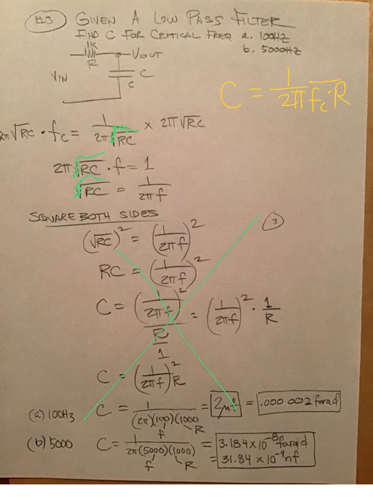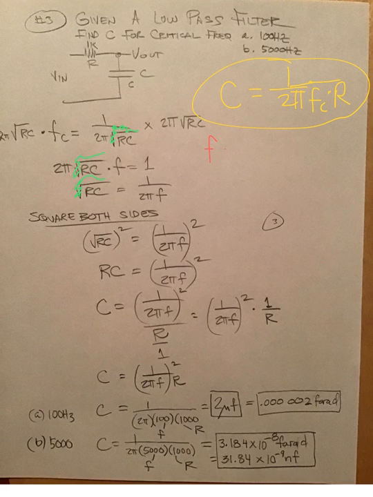Okay, this is the equation that you're going to need in your homework to solve those kinds of problems. Now, I was working this badly, and I didn't check my stuff.